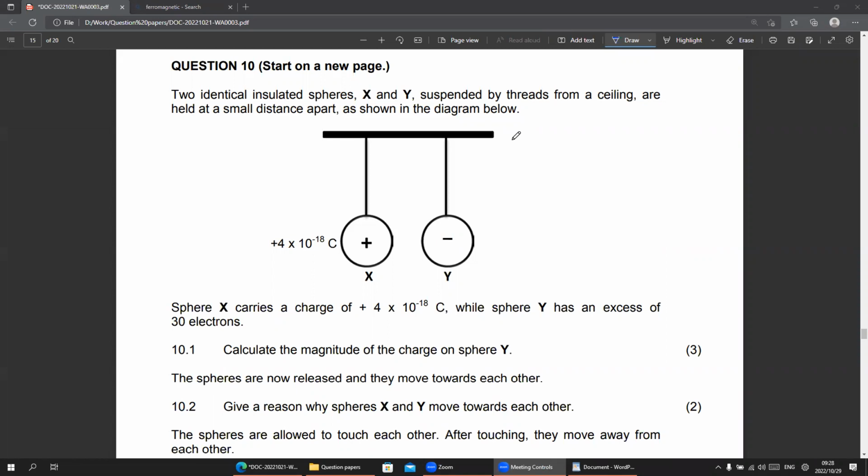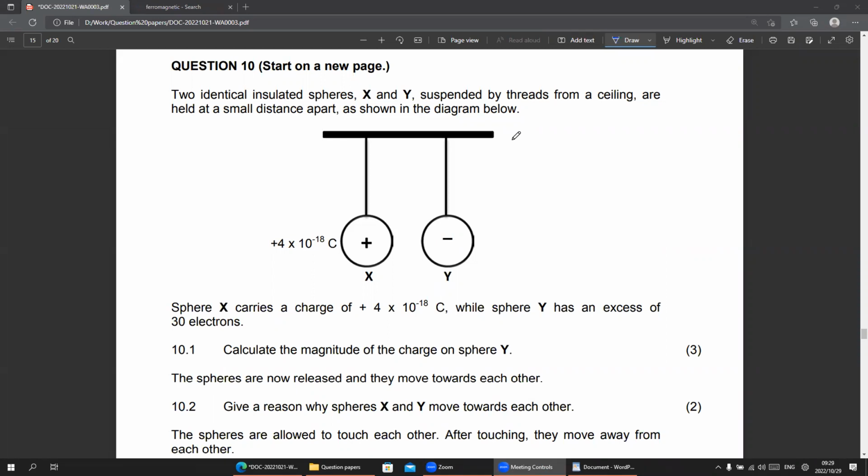They say two identical insulated spheres X and Y are suspended by a thread from a ceiling and are held at a small distance apart as shown in the diagram below.